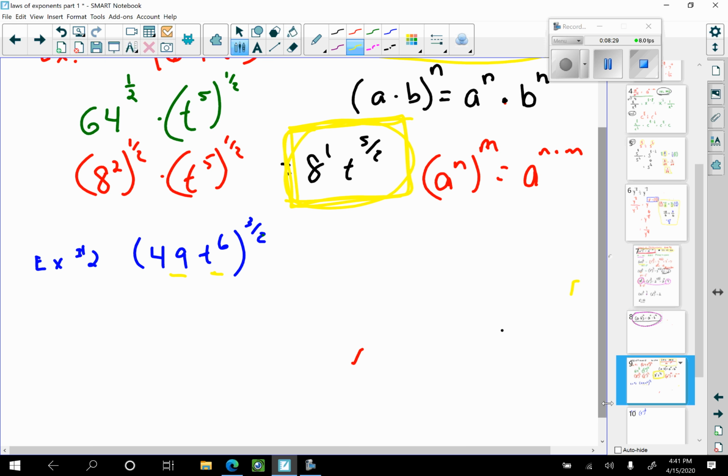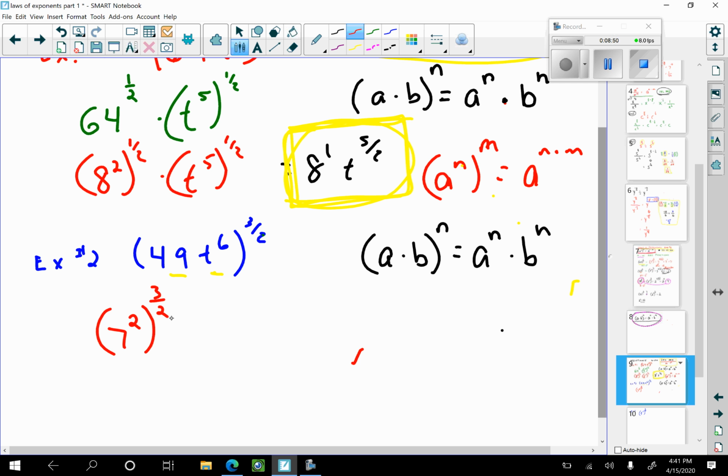Okay, let's go to this example here. Again, the first property I'm going to use is a to the n times b to the n. I'm going to jump right in and say 49 is 7 squared to the 3/2 times t to the 6th to the 3/2.